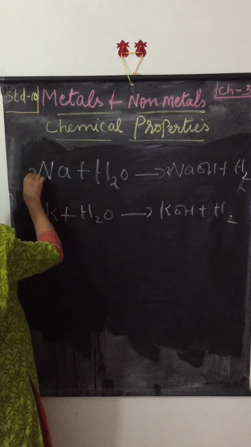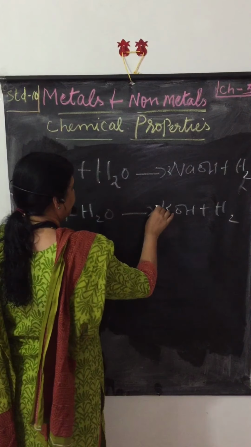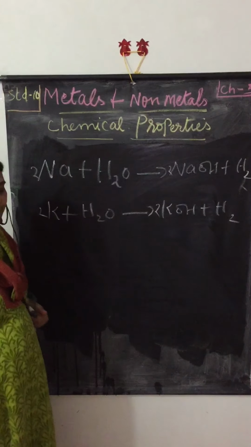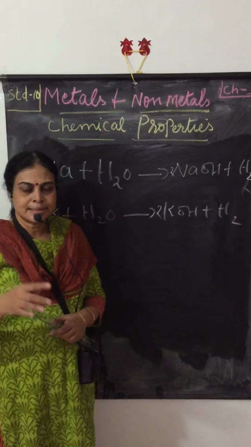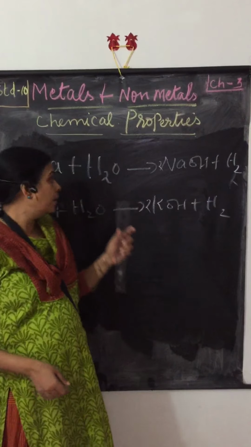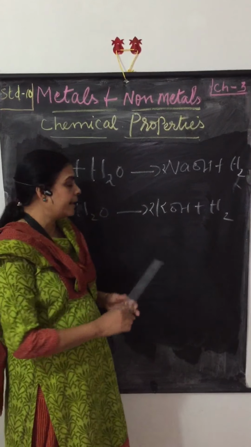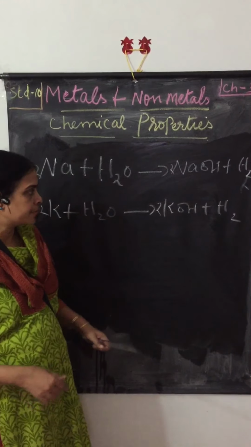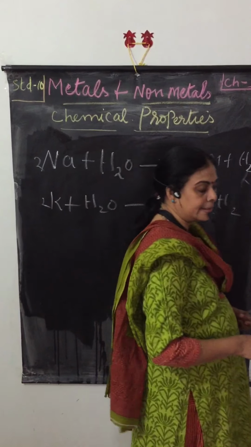In order to balance the equation, we have to put 2 each for balancing on both sides. So this is how sodium and potassium combine with water to form the corresponding hydroxide and hydrogen gas.